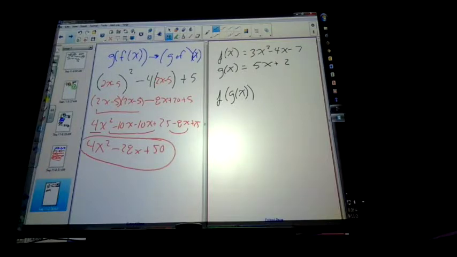So we FOIL that off first. Once you're done, distribute 3 to that place. And then divide it.